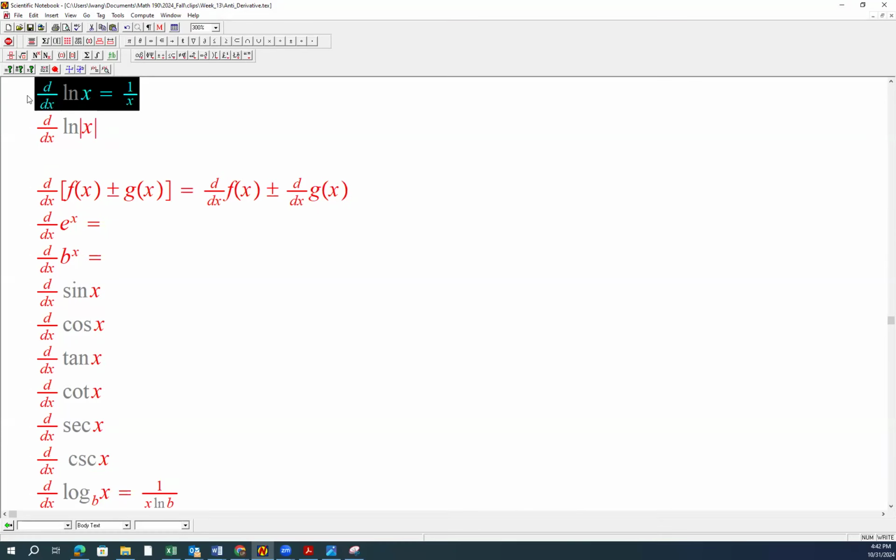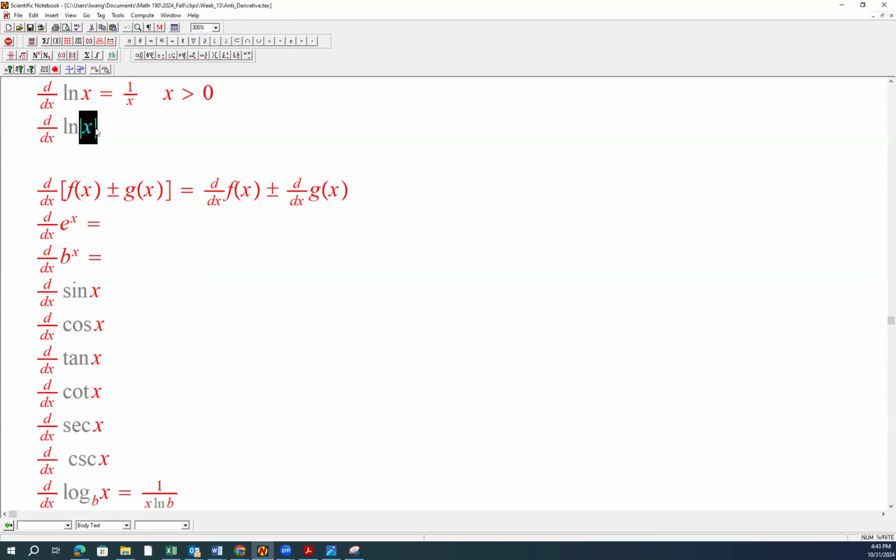This formula, we know it's true, but this is the derivative of ln x without the absolute value. So when this formula applies, we must do it in the domain where x is greater than 0. So this formula is used when we know x is positive.